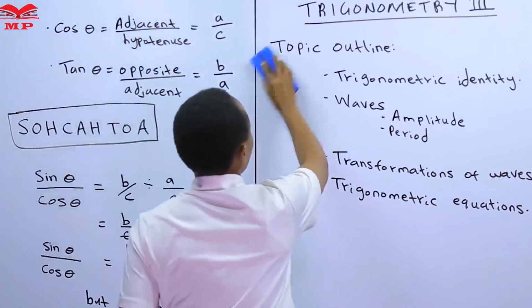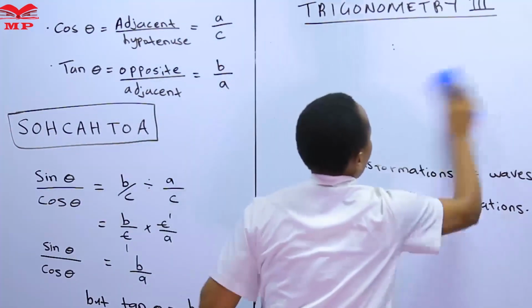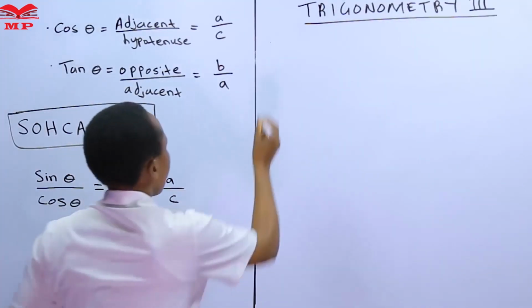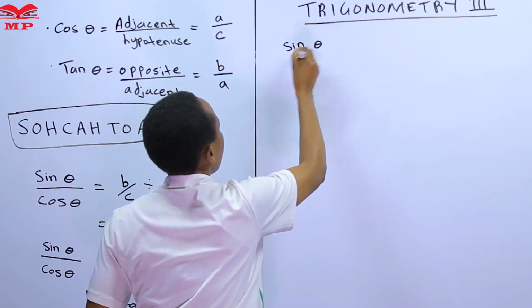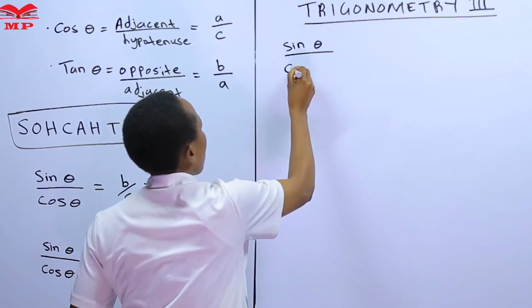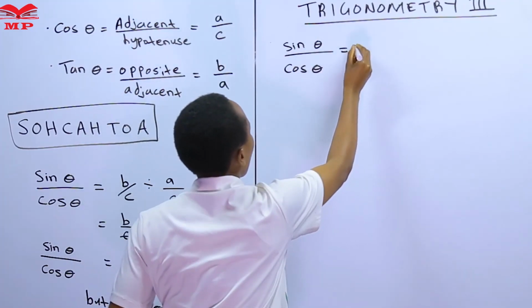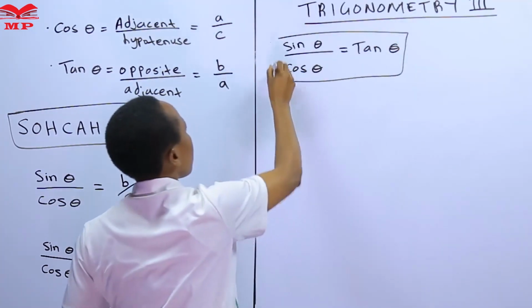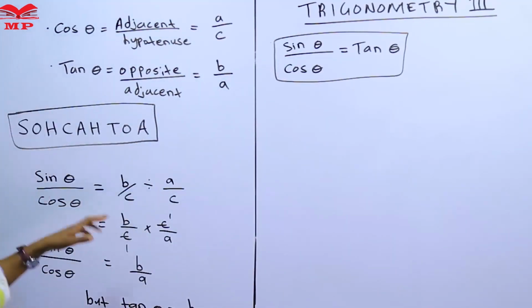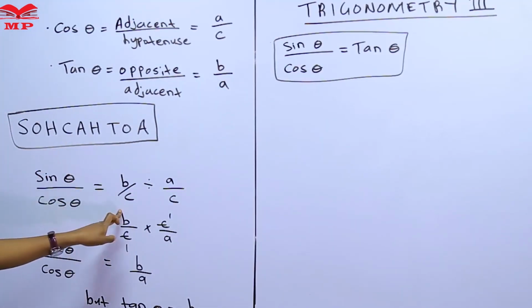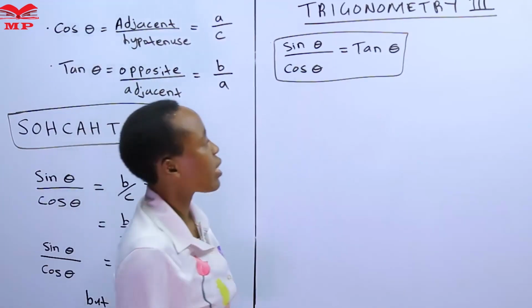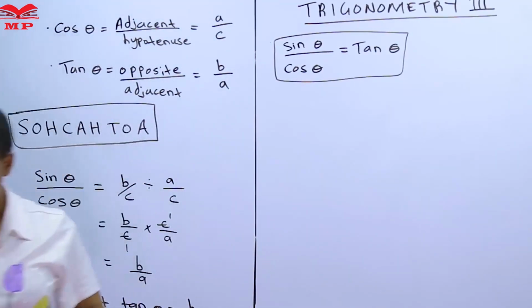So you also need to note that when you have sin theta and you divide by cos theta, you are getting tan theta.